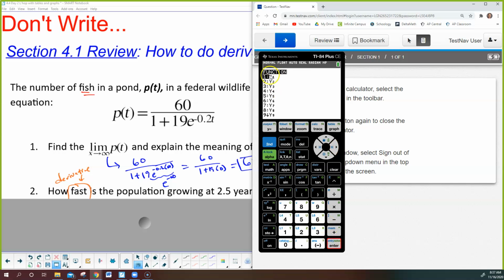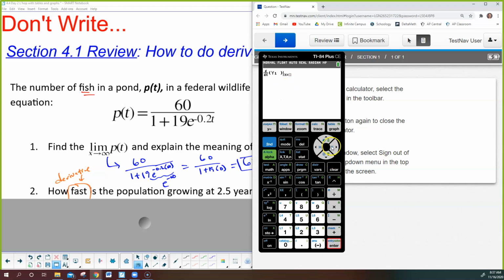You hit enter, it's going to take whatever you have in y1 or y2 or whichever ones you want. Well, we want y1. So select y1. And that's going to take the place of this equation that we had before.